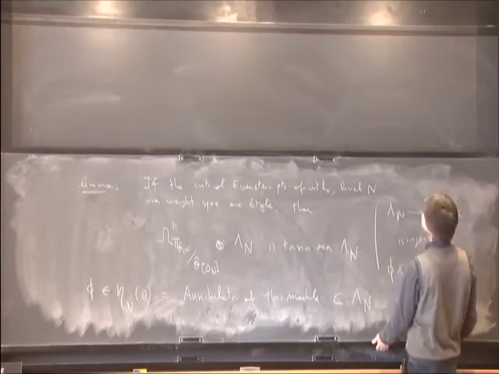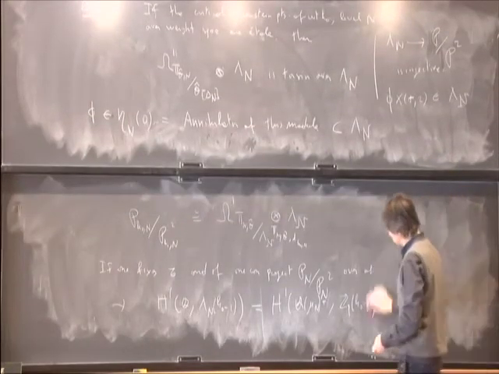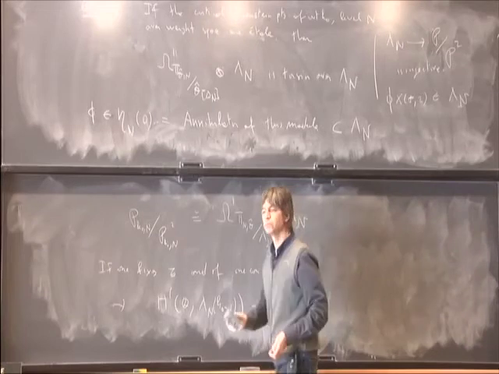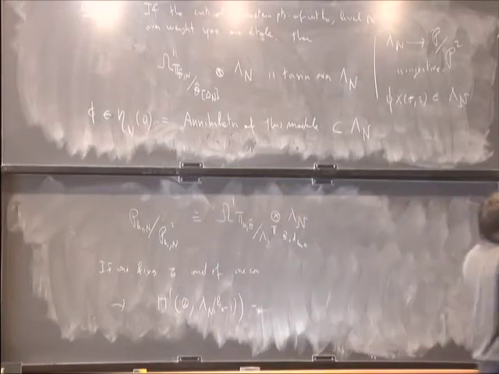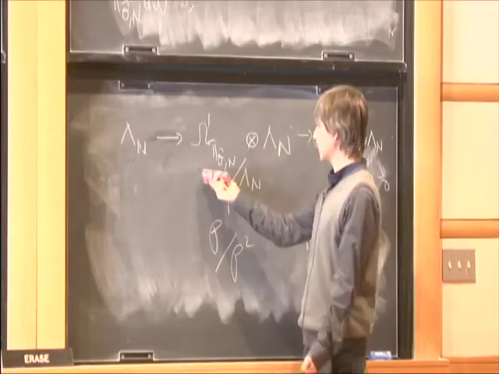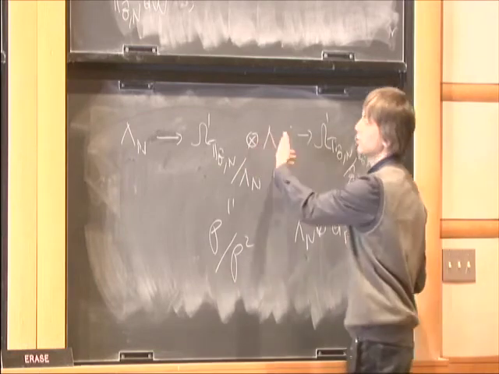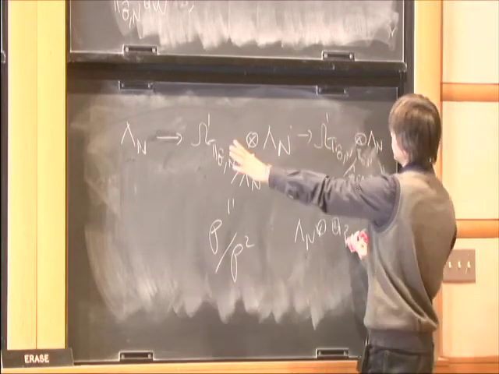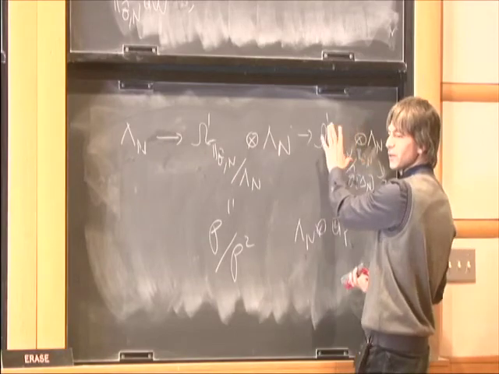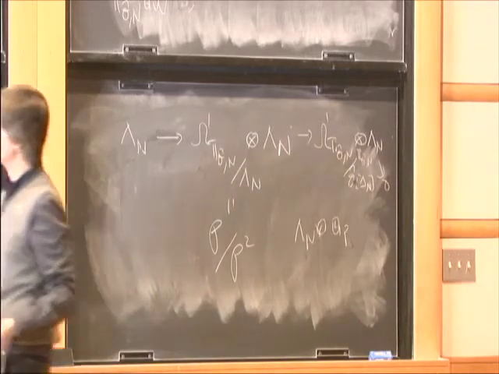So therefore, what you get, because if it has a kernel, it's going to be a ZP module of rank at least 1, and that cannot be, because I know that here I have at least one copy of lambda n tensor QP. If I invert P, and because I know that when I tensor with QP, this is 0. I know that this has to be of this type, so therefore it has no choice.